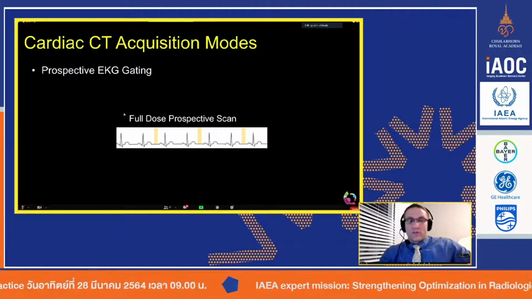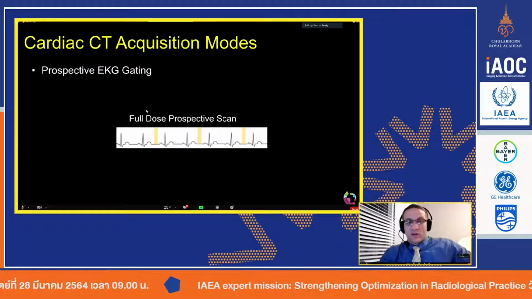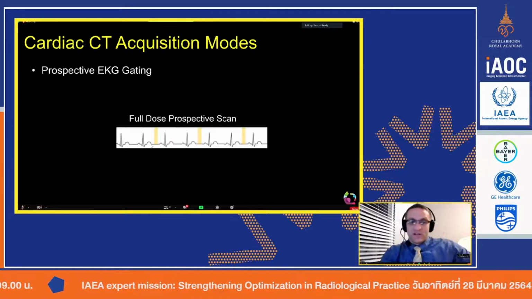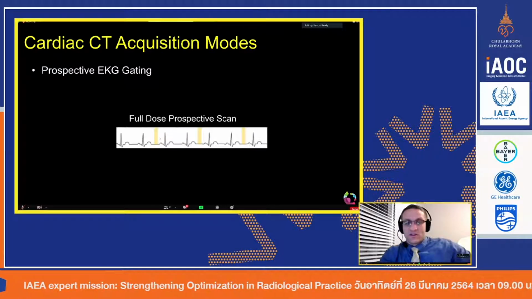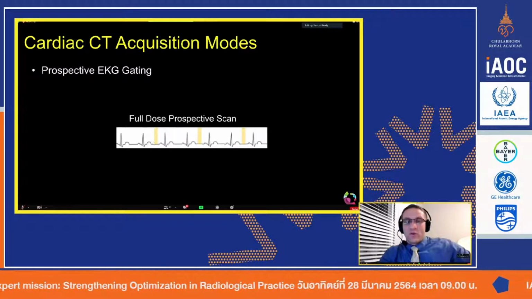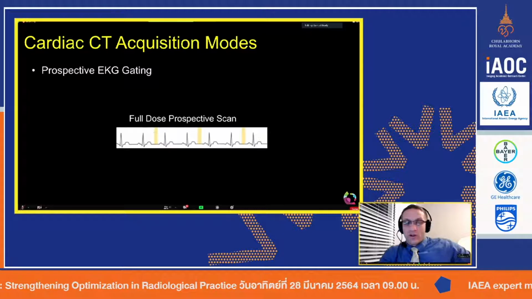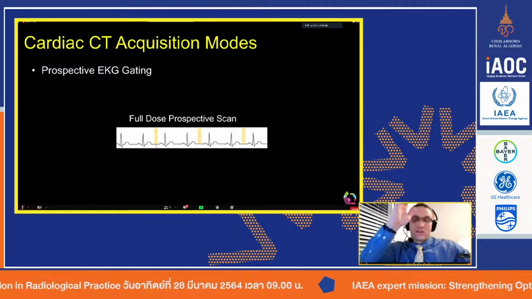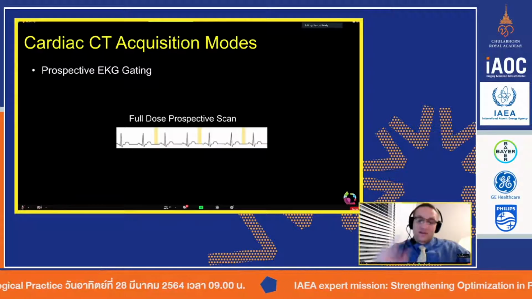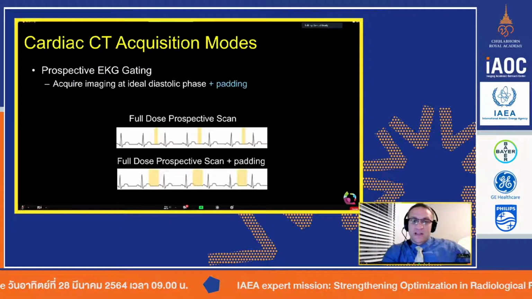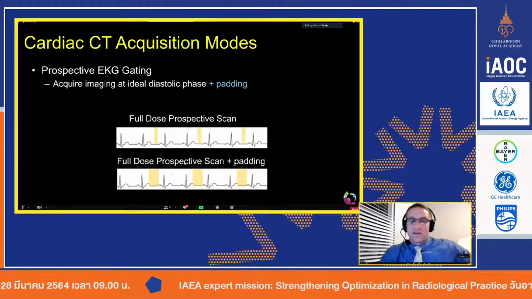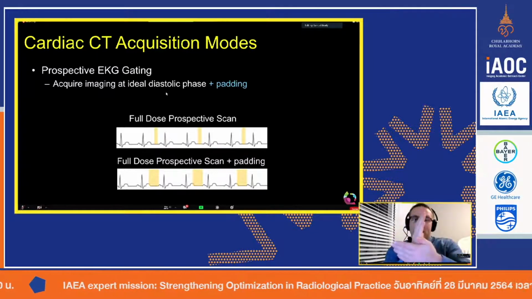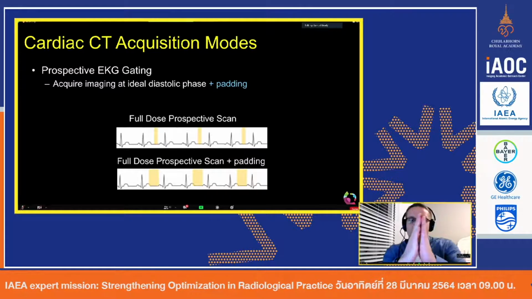So if we're doing prospective EKG gating, we're just going to acquire the image every time at that percentage, wherever it is along the systolic to diastolic phase. We're going to go zero dose, and all of a sudden turn on the system, ramp it up, and collect all the data we can at that phase. Now, because life is not always perfect, realistically, instead of acquiring exactly at that phase, we're going to acquire a slight padding.